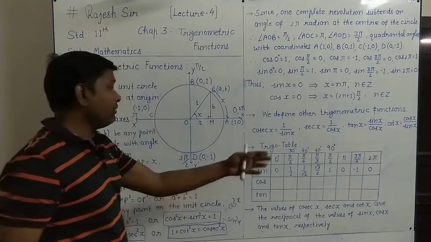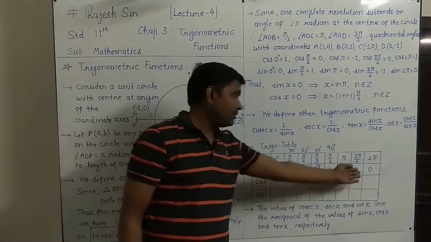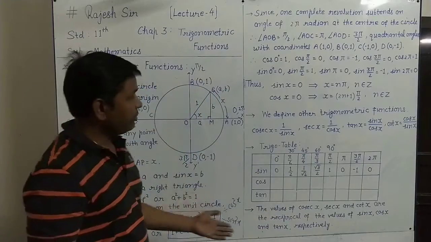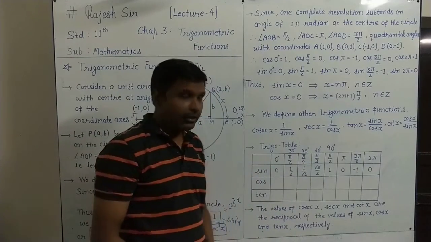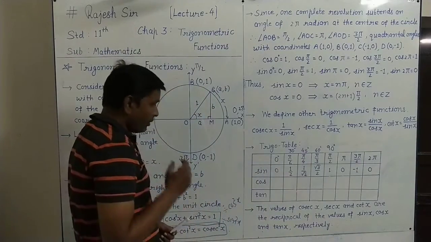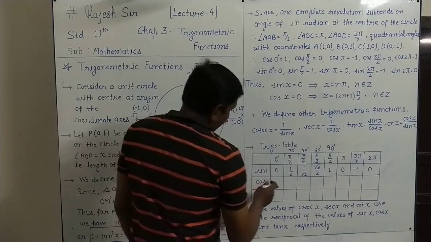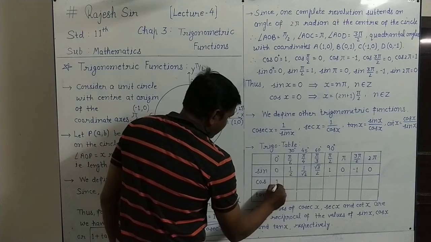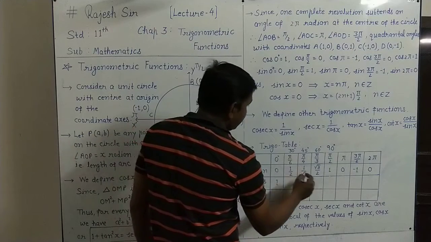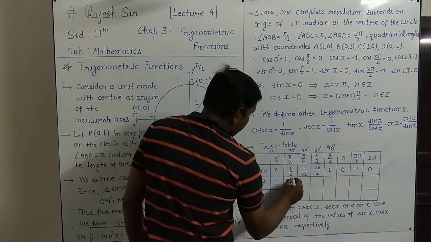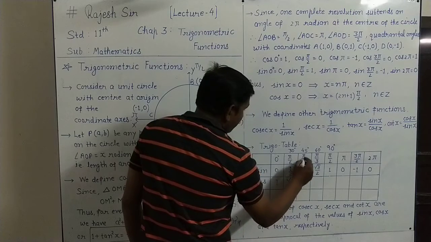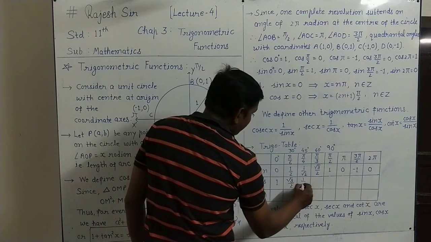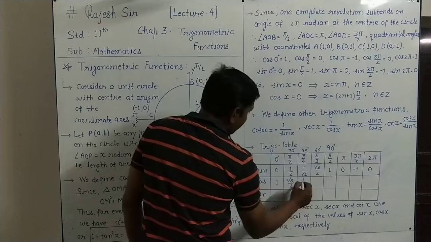So this way, from the previous knowledge and the help of the unit circle, we can get all the values of sine. Similarly, the cos values are: cos 0 is 1, cos pi by 6, that is 30 degree, is root 3 by 2. Cos pi by 4, 45 degree, is 1 upon root 2, the same as the sine.